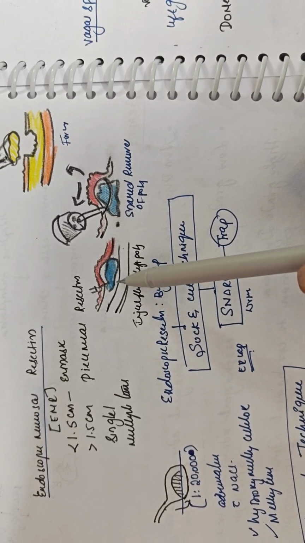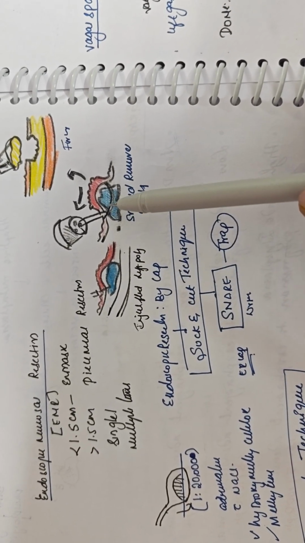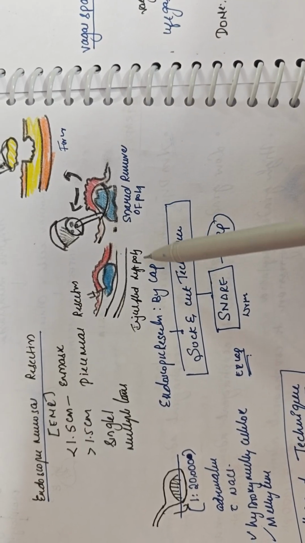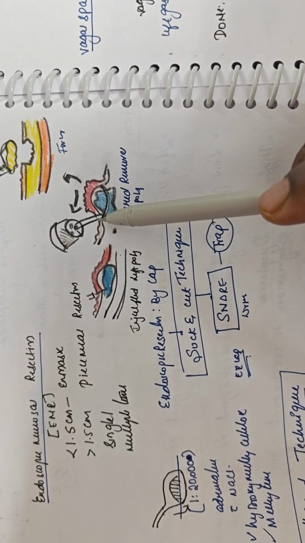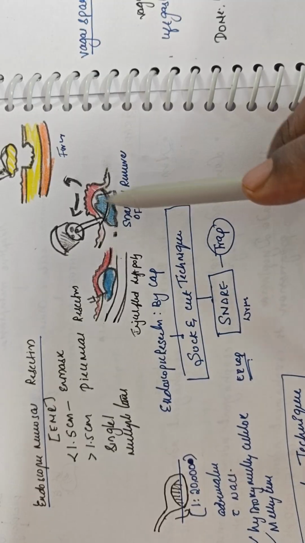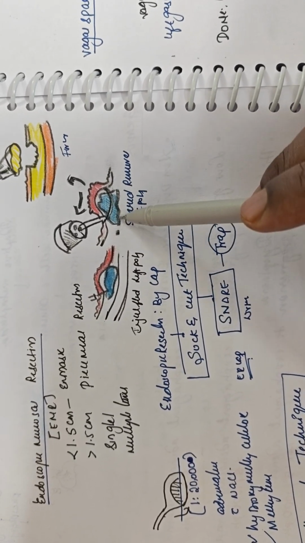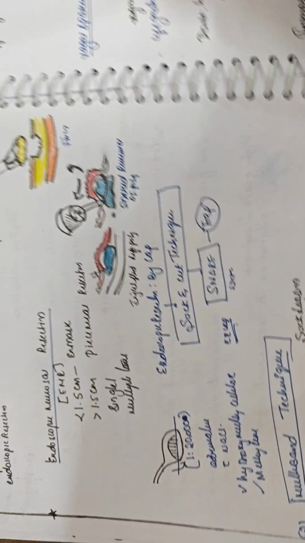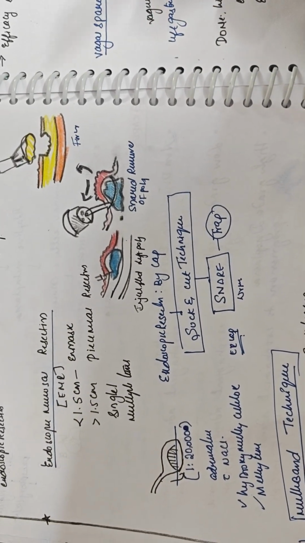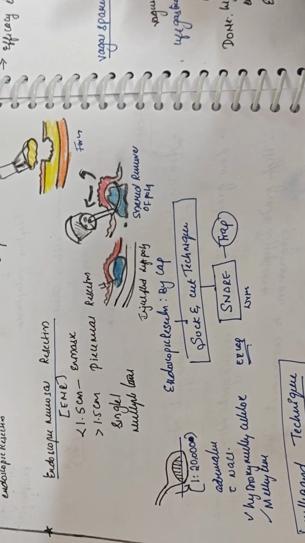Once it bulges, the endoscopic resection is done with the help of a cap. The cap sucks the tumor out, and it cuts. So those are the basic points to understand in endoscopic mucosal resection: the suck and cut technique.